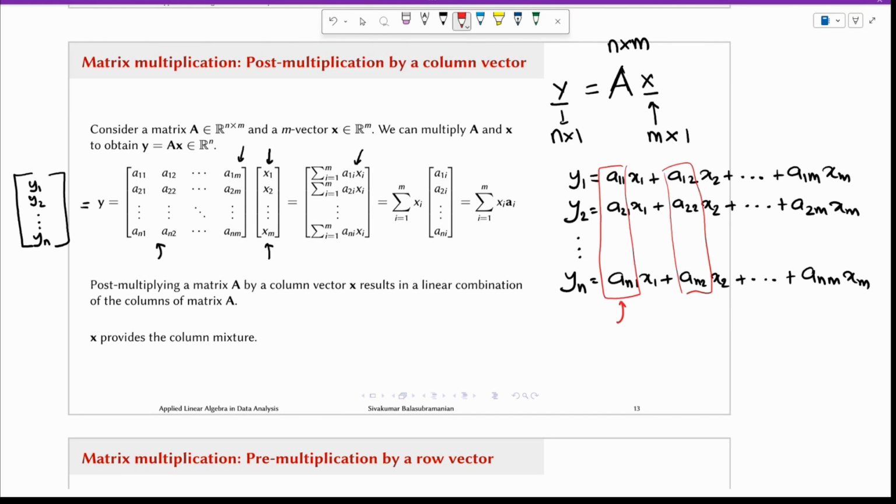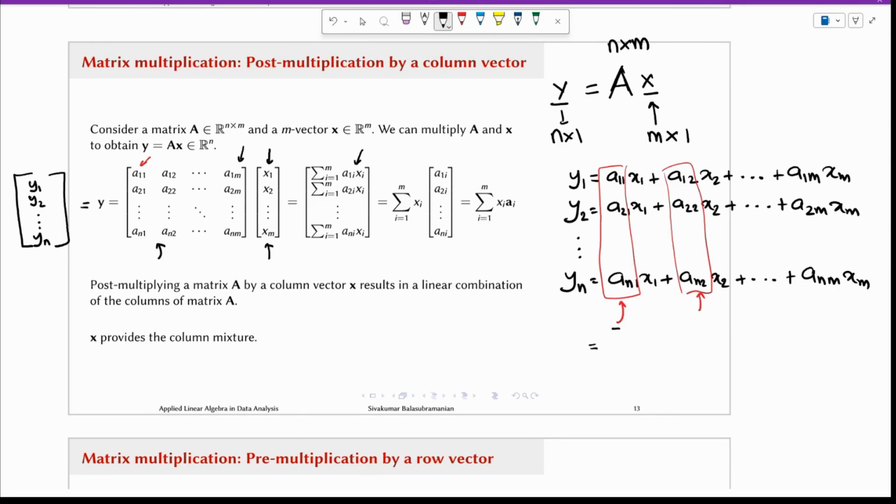Essentially A11, A21, A31, so on and so forth to AN1. Those numbers are essentially the first column of A, right? What about the second column? That means another way for me to write these n equations is like this.